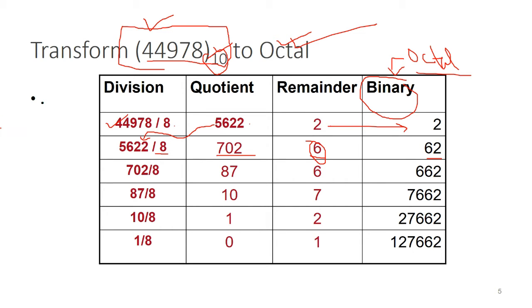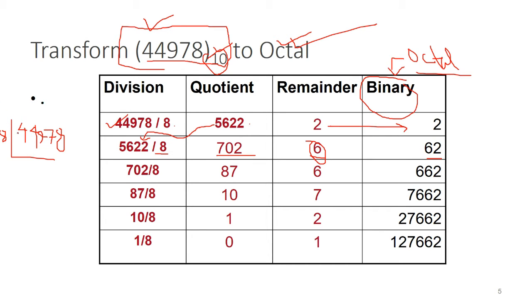One thing I would like to mention: instead of writing this as a table like this, you could have also written it like this. 4 4 9 7 8 is getting divided by 8.